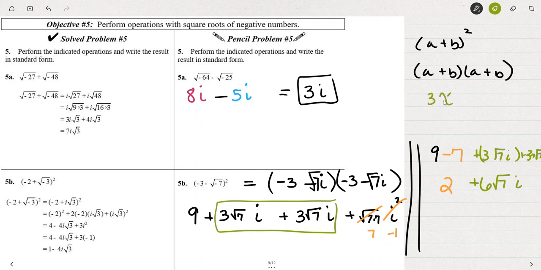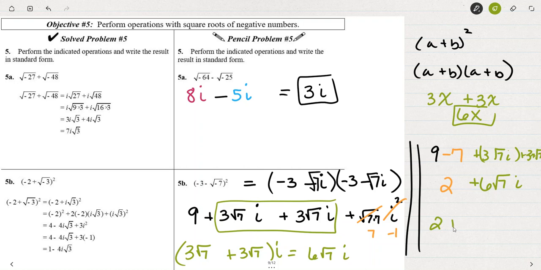Because it's like 3x plus 3x would be 6x, not 6x squared, right? In the same way, 3 times the square root of 7 plus 3 times the square root of 7 would be 6 times the square root of 7. Last step is I'm going to rewrite this to put that i in front of the radical. So it looks like I'd get 2 plus 6i times the square root of 7.